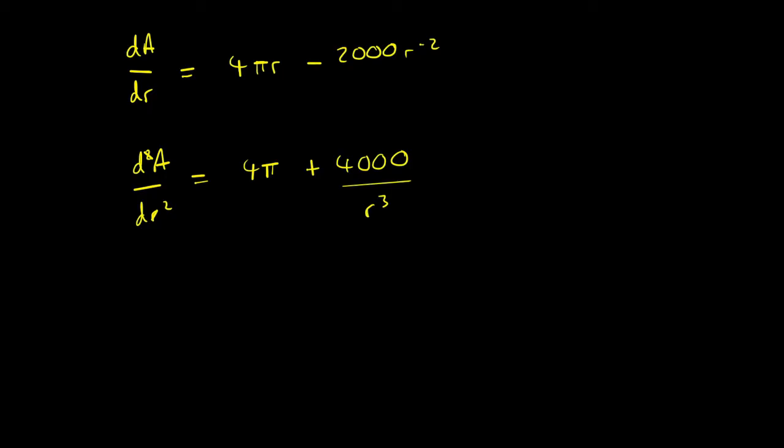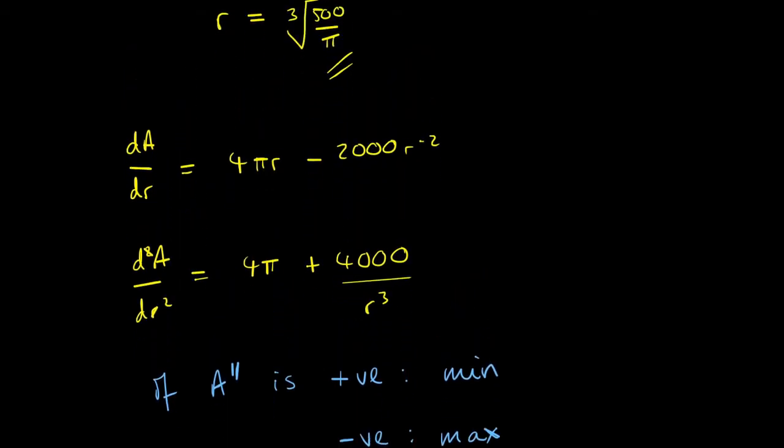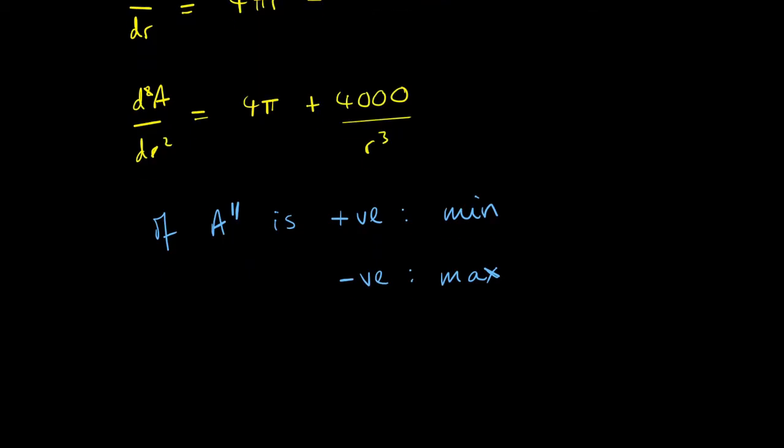The condition is this: if the second derivative, A double prime, is positive, then we have a minimum point. But if it is negative, then we have a maximum point. So what we've got to do is substitute our value of r, the cube root of 500 upon pi, into this expression for the second derivative and see if we get a positive or a negative.